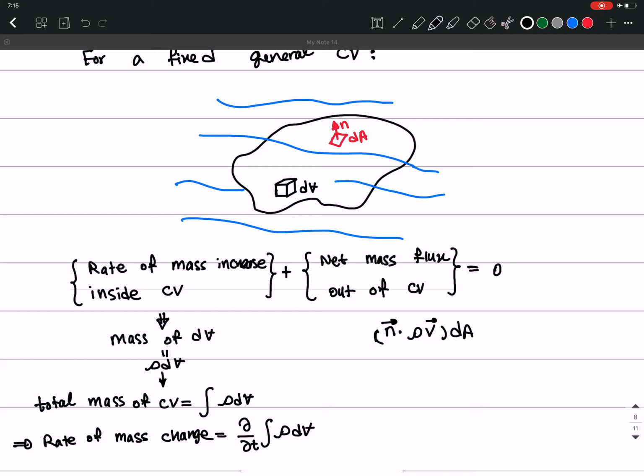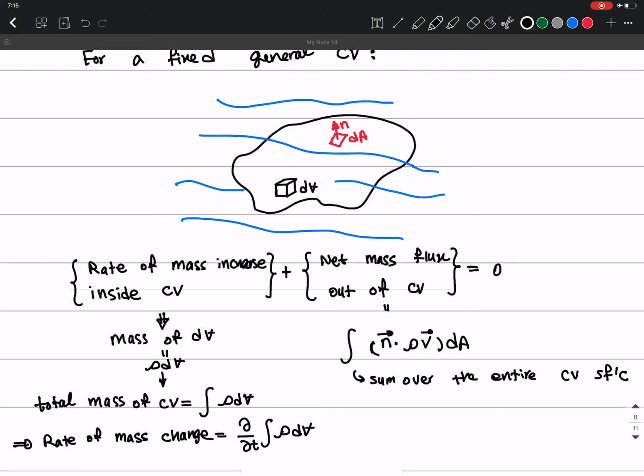And in order to get this for the whole control volume, you need to integrate it over the whole surface of the control volume, the whole surface of this arbitrary control volume. So we need to take an integral over the CS, the surface area of that control volume. So it's going to be the sum over the entire CV surface. Okay.